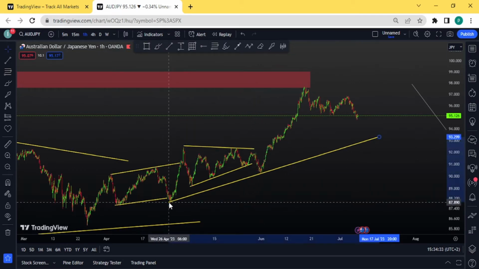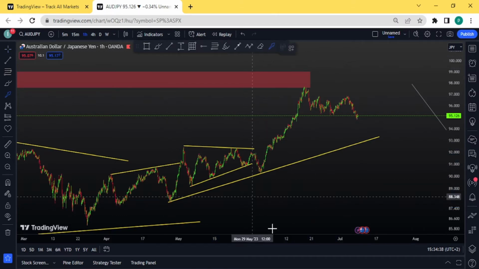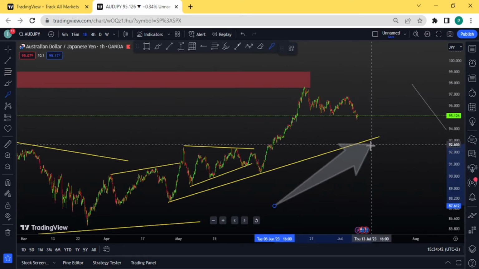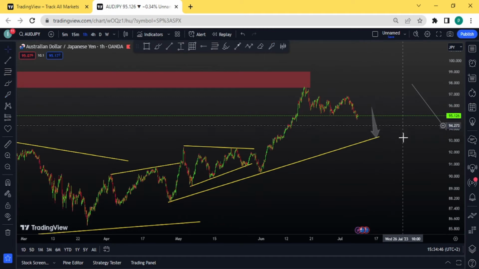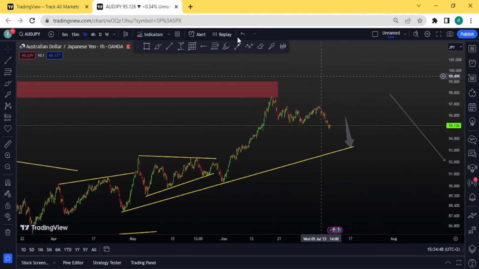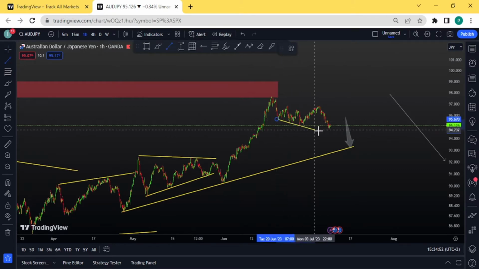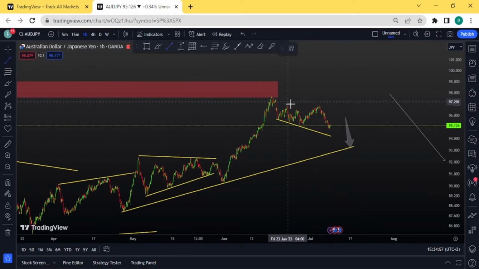So as you can see here, I'm having what? First touch here, second touch here, and price is likely to go to the downside to give us a third touch on this resistance. And we also have this trend line, guys, I'm sorry. So we also have this expanding type pattern here.